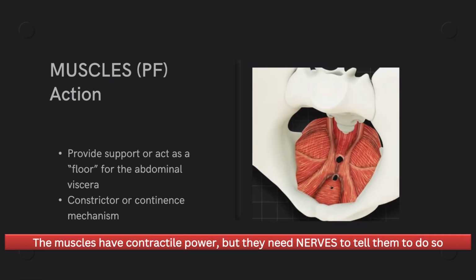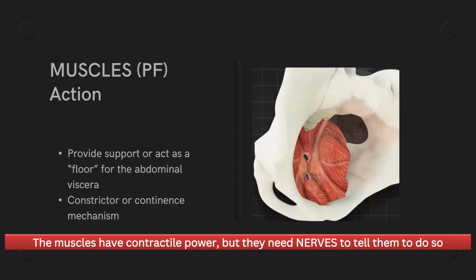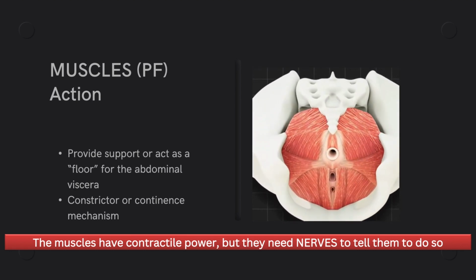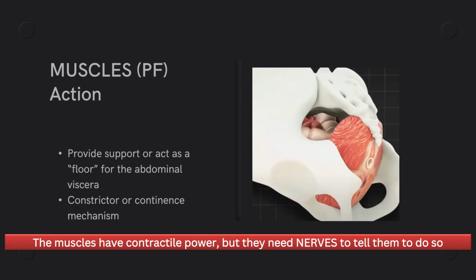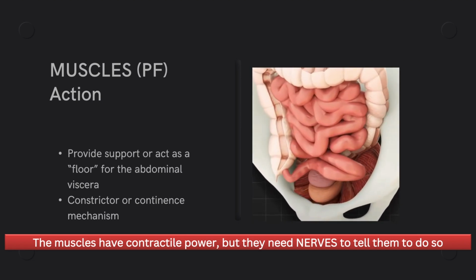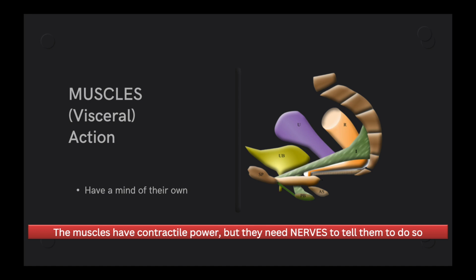What you saw here is how the skeletal muscles of the pelvic floor work together. However, you must understand that these are not the only muscles which are required for adequate or proper functioning. We need visceral muscles too. Visceral muscles are the muscles situated in the viscera like bladder, bowel, uterus, vagina, urethra, and anal canal.